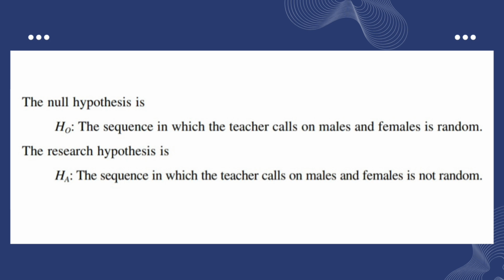Next, we have to set the level of risk or the level of significance associated with the null hypothesis. The level of risk, also called an alpha, is frequently set at 0.05. We will use alpha 0.05 in our example.